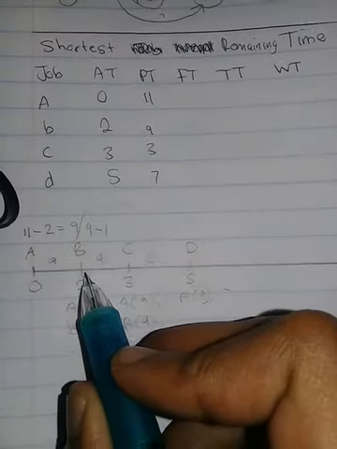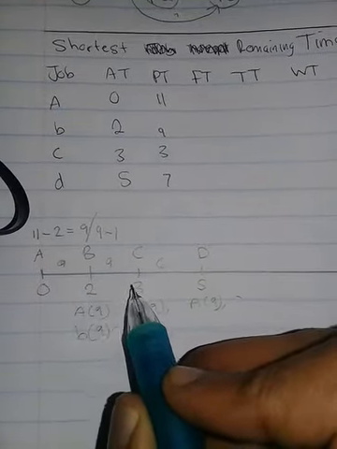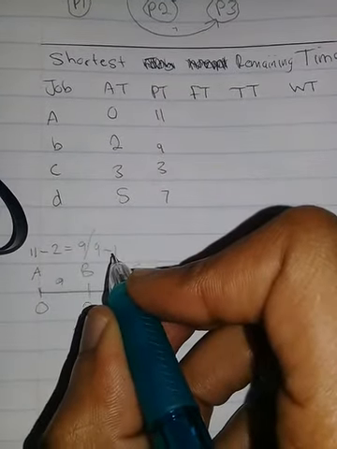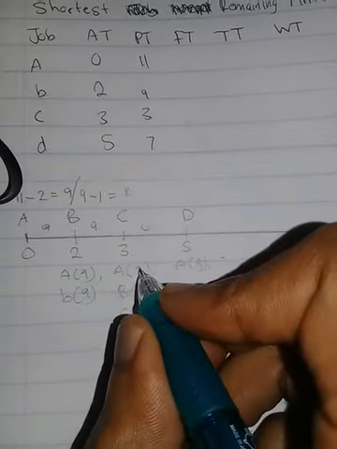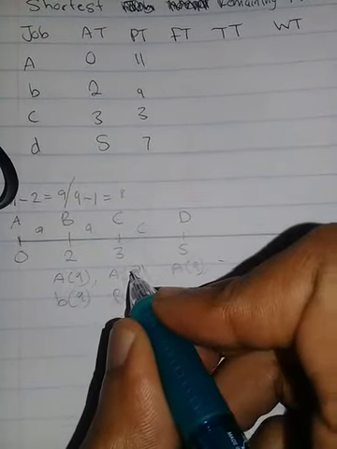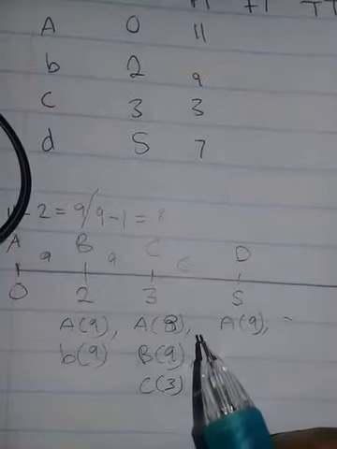Basically, between 2 and 3, you use only 1 millisecond. So 9 minus 1 equals 8. At the moment, it's supposed to be 8 here. Okay, supposed to be 8 now.